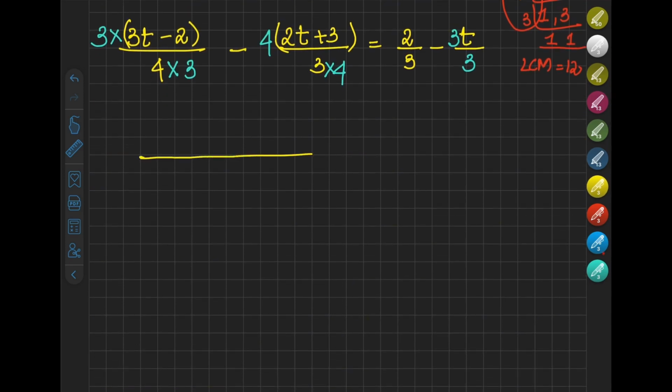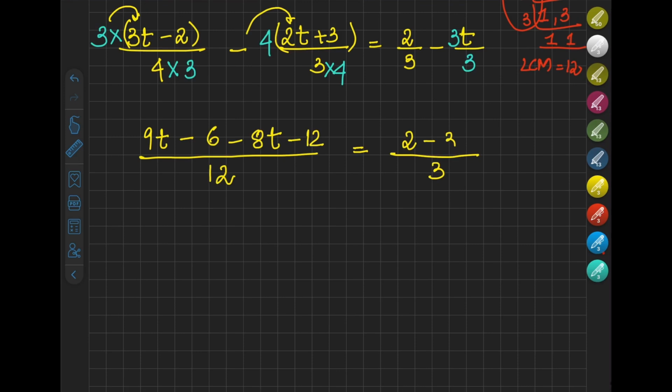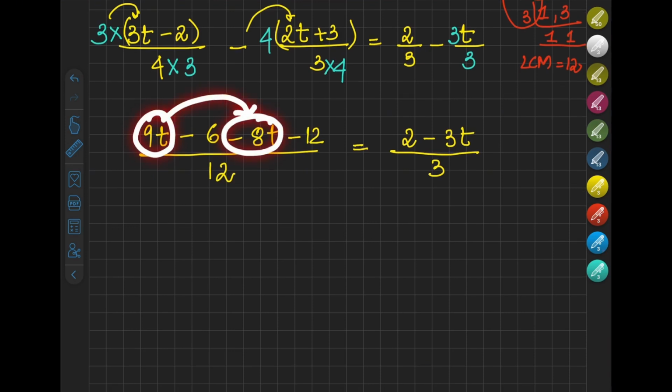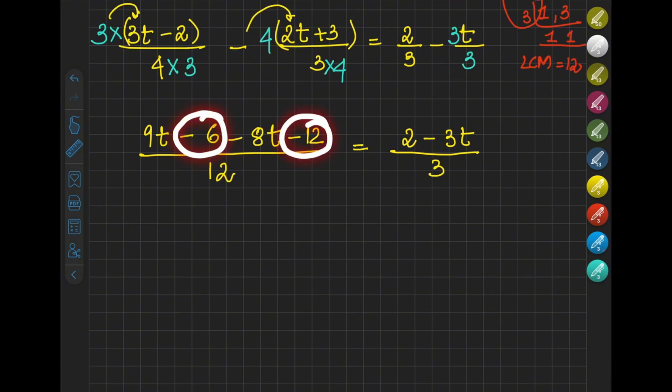Now let's take the LCM here as 12 and open the brackets like 3 threes are 9t minus 6 minus 4 into 2t is minus 8t and minus 12 is equal to 3 into 2 minus 3t. Now 9t minus 8t can be simplified, and so I can do the same with minus 6 and 12.